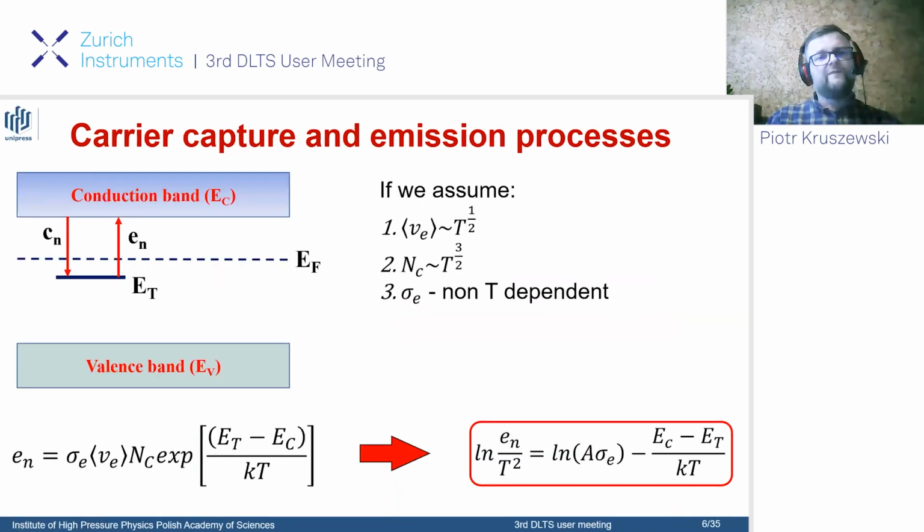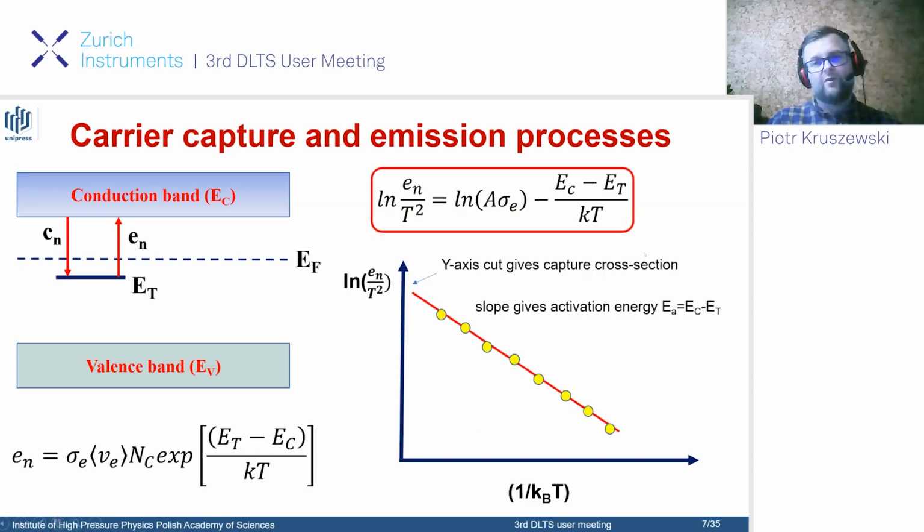Because we analyze emission rates in DLTS, we should remember that if we take some assumptions, like those given here, so the thermal velocity is proportional to the square root of temperature, the density of states to the power 3/2, and we assume that the capture cross section is temperature independent, then we can come from this equation to that one. And this equation is nothing else than the equation which gives us the Arrhenius plot.